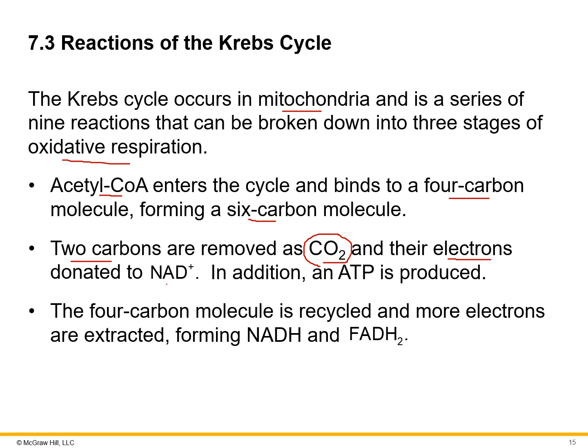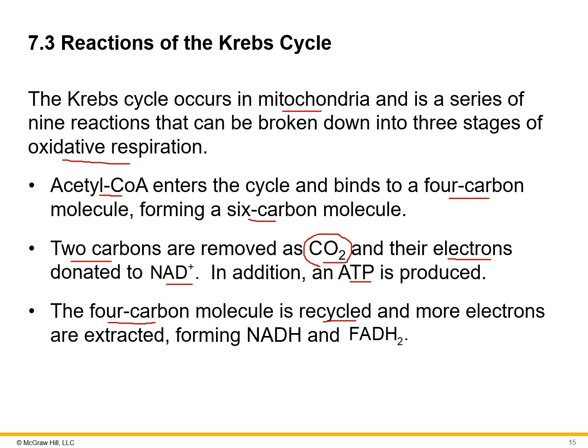Those electrons are picked up mainly by NAD, but there's also another electron carrier called FAD, and those can be used to carry electrons. Again, we get a little bit of ATP made. Once those 2 carbons come off, we're left with another 4-carbon molecule.